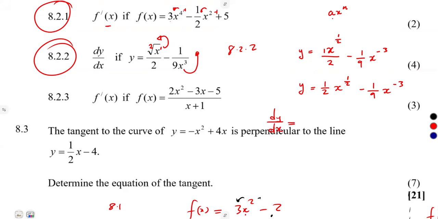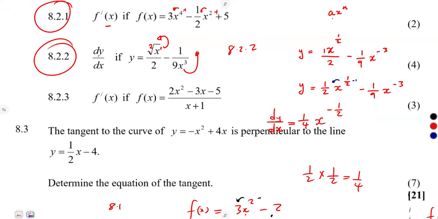You drop the power, then you subtract a 1 from that power. So half times half is 1 over 2 times 1 over 2, that's 1 over 4, x to the exponent of 1 over 2 minus 1, that's minus 1 over 2. It's going to be a negative.